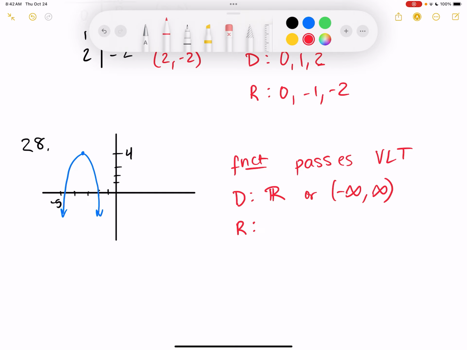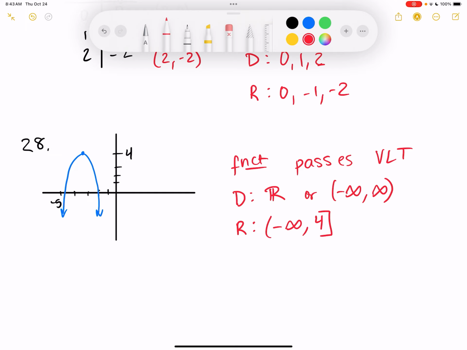Now the range are the y values that it takes on. So what does it look like as far as the y values? What does it take on? 4 to negative infinity. Yep, so 4 all the way down to negative infinity. We always want to make sure we write it in numerical order, so start with the negative infinity. So negative infinity to 4, and it looks like it's at 4, so we are going to include 4 there.